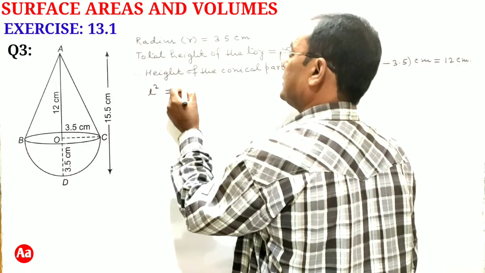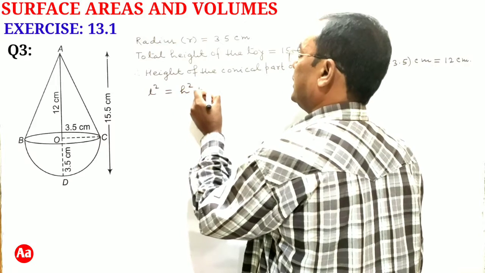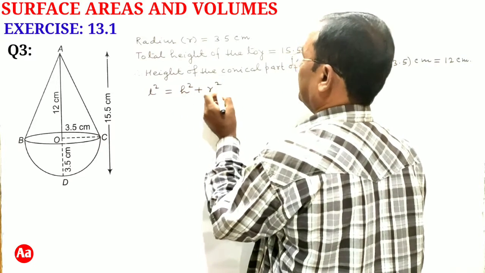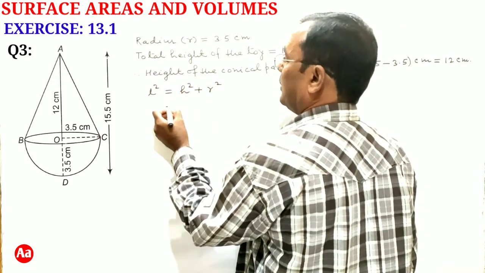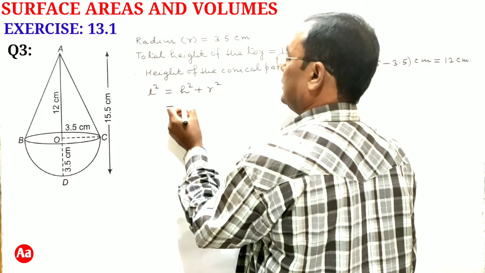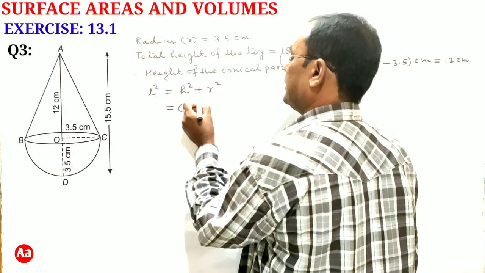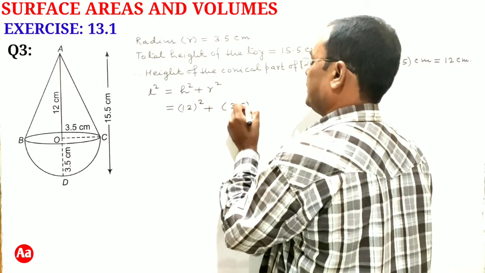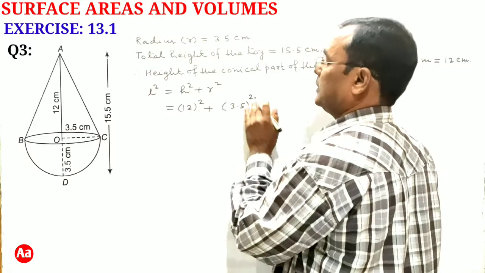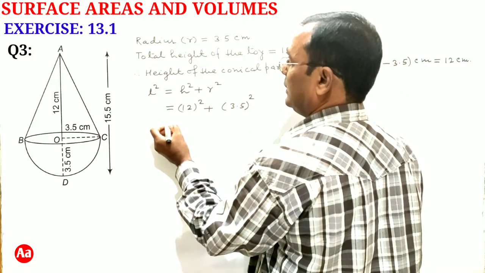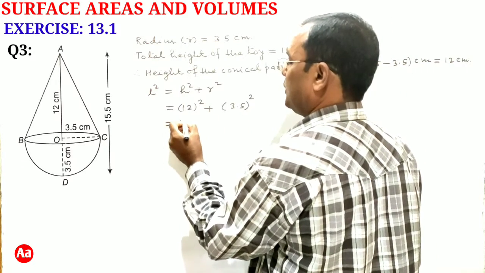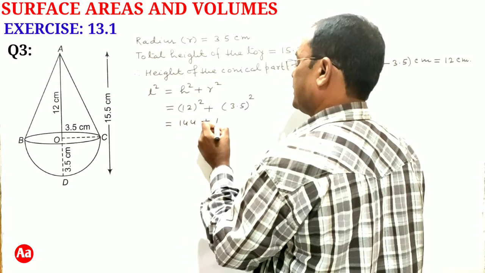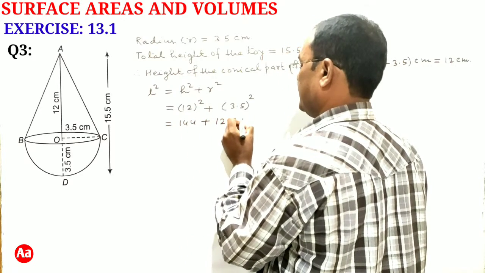L square is equal to h square plus r square. h is 12 centimeter plus 3.5 centimeter whole square, and this is equal to 144 plus 12.25.